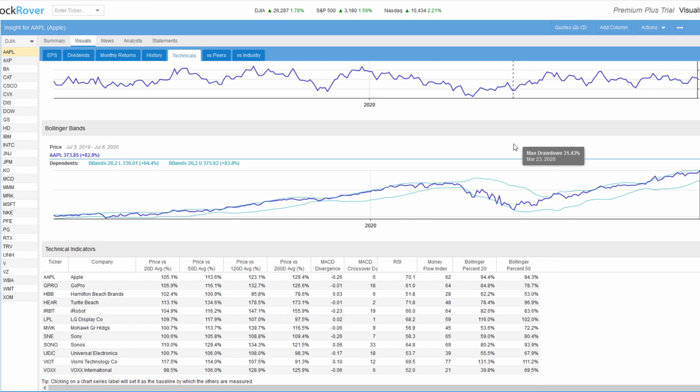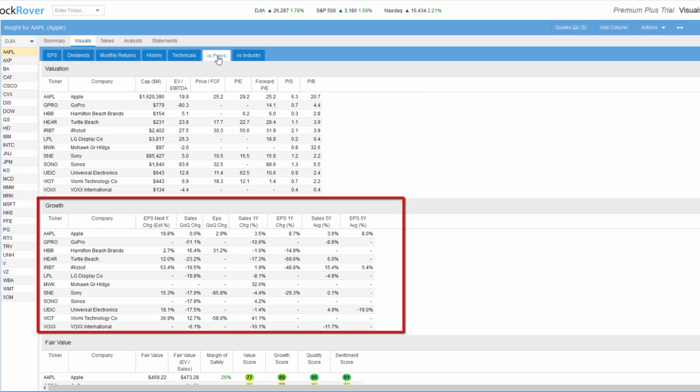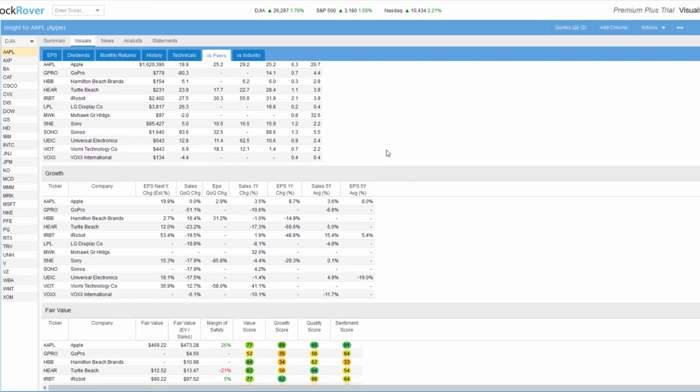Speaking of peers, let's dive a little deeper. The Versus Peers tab contains extensive information about a stock versus its closest peers. And there are 5 separate tables and a chart. The first 3 tables show the stock compared to its peers along the key metrics and categories of valuation, growth, and fair value.